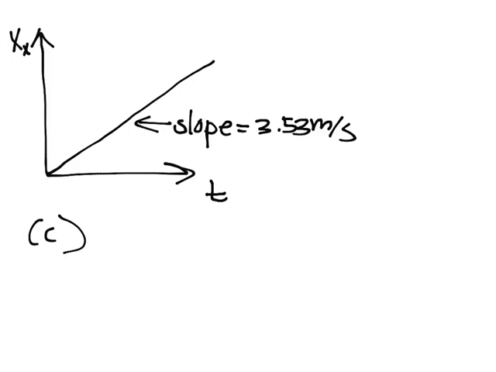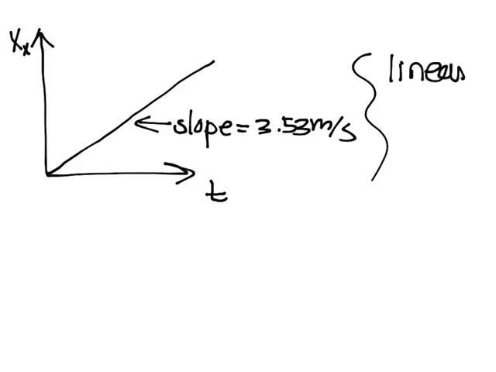Alright, next it asks me to sketch the graph of vertical position of the lemming versus time. Okay, so, oh, by the way, I should have said this is linear, because I asked what type of graph.